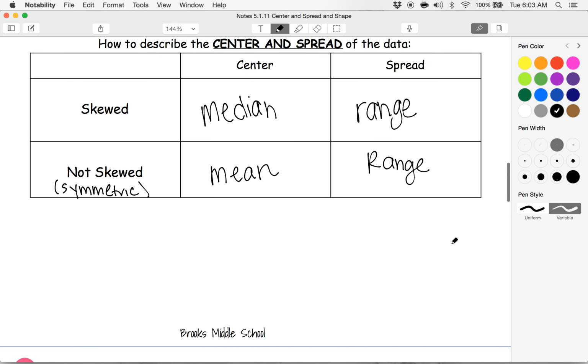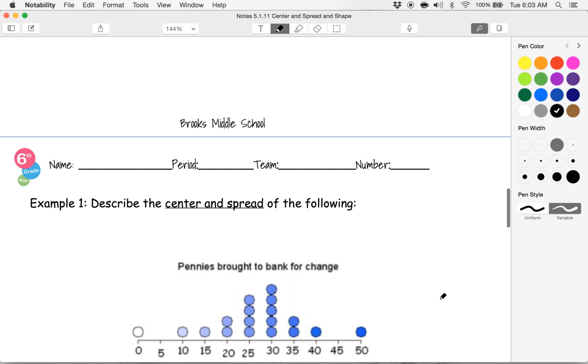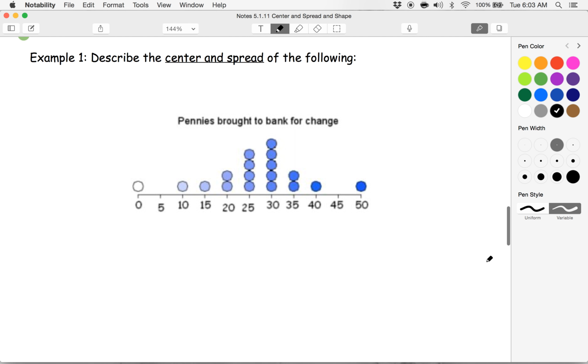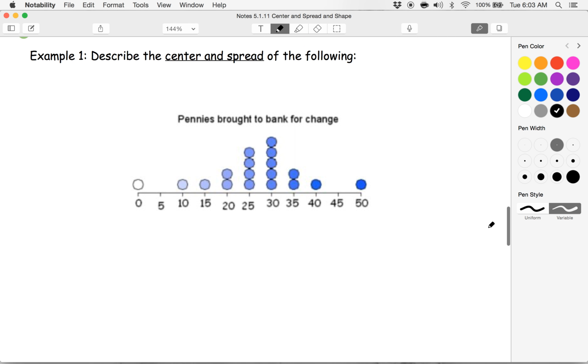All right, so now let's test it. This example says that we need to describe the center and the spread. Well, in order to do that, I need to decide what is the best shape for this. And it kind of looks like the shape is pretty even, kind of like a mountain, fairly even.